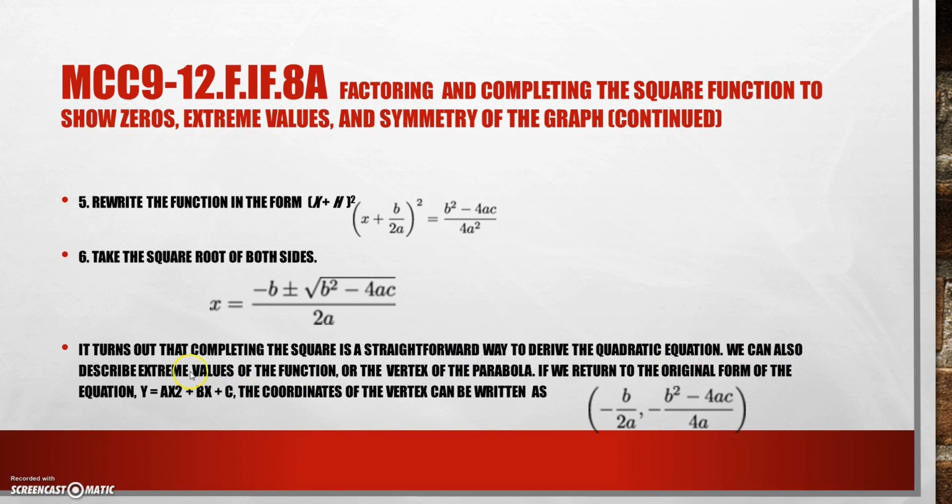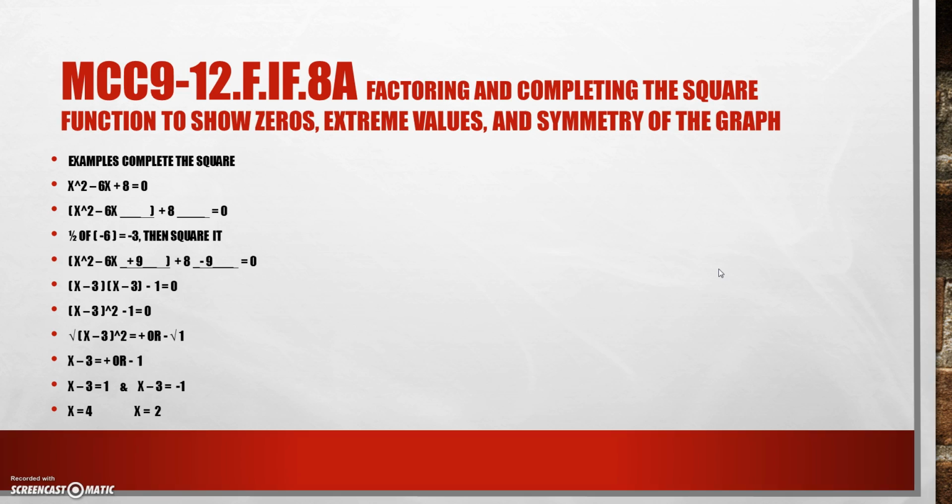We can also describe the extreme values of the function, or the vertex of the parabola, if we return to the original form of the equation y equals ax squared plus bx plus c. The coordinates of the vertex can be written as (negative b over 2a, negative (b squared minus 4ac) over 4a). So here are some examples for completing the square.